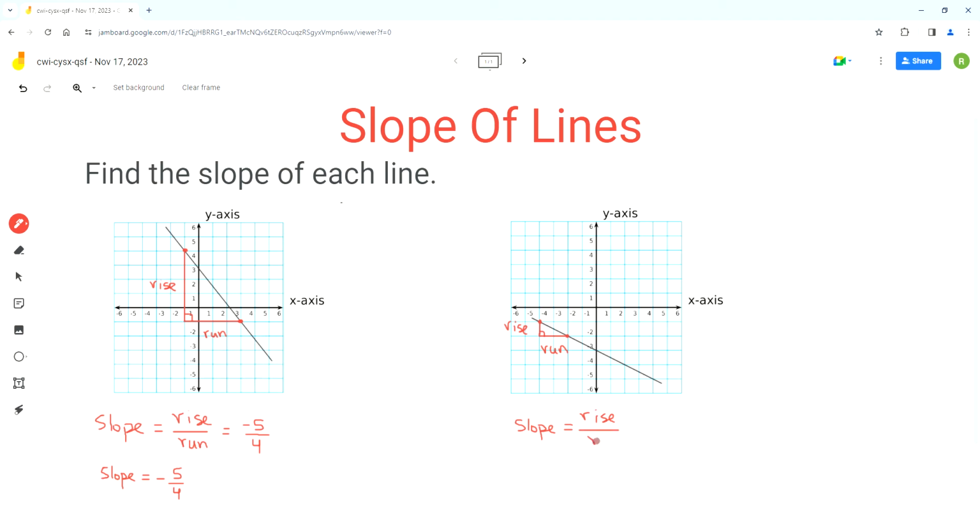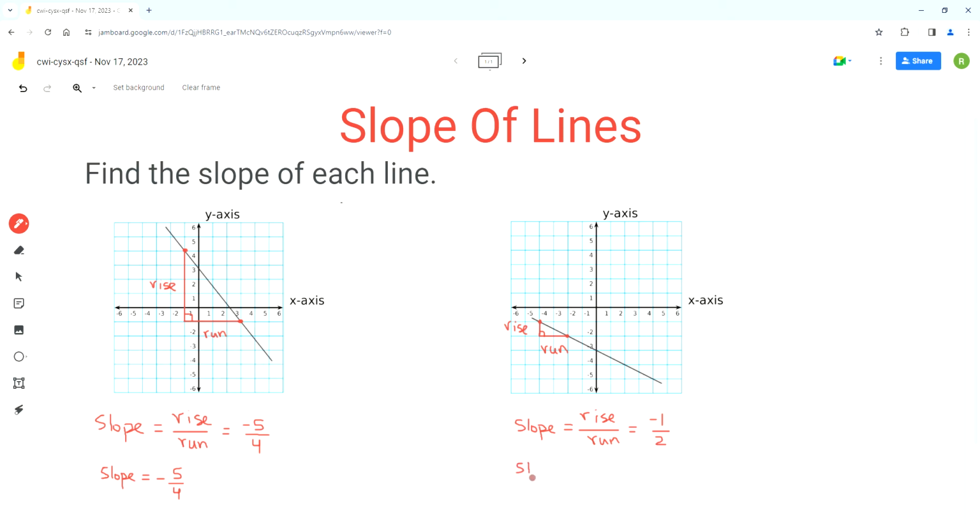So the rise in this case is 1 unit down. So it's -1 because we have to come down 1 unit as we go from the point on the left side on the line to the right side of the line. And in doing that, we have to go 2 units to the right side. So the run is positive.